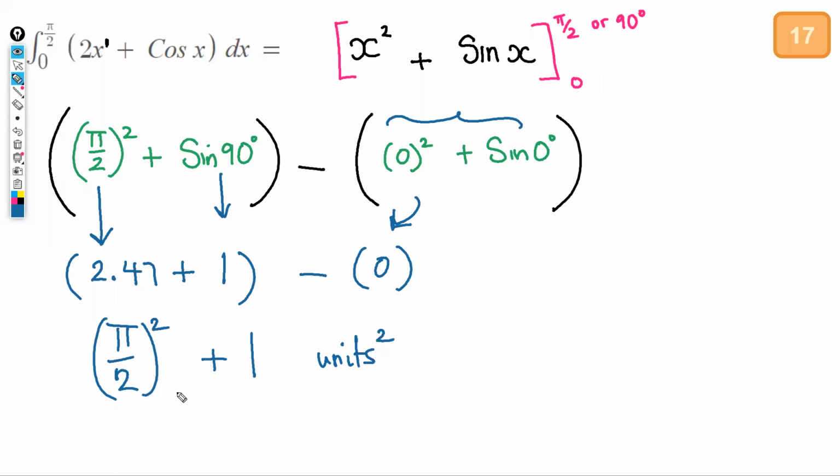I guess if I were an examiner, I would give you the full marks. All right. I can't say what your particular teacher or examiner will say. So, let me put back the final answer: the other answer was 3.47 units squared.